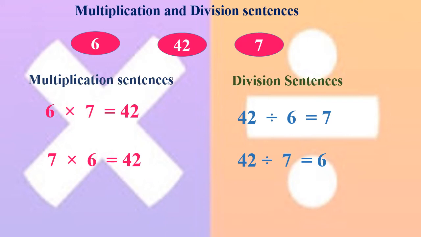When you are writing multiplication sentences, you have to take the two smaller numbers first, before the equal mark. When you are writing division sentences, you have to select the largest number to come first. Then 42 divided by 6 equals 7. 42 divided by 7 equals 6.